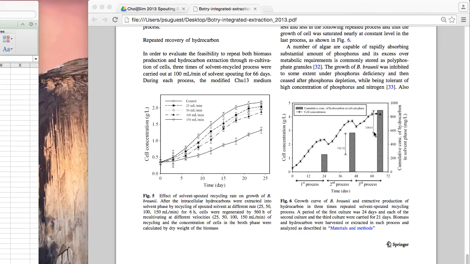Now there are several aspects of trying to think about this problem. One of them is that remember the extraction is not complete. In fact, they state in here that it's roughly 50%. What that means is that this initial extraction that you see here only recovered half of it, so half of it is still there to be extracted the second time.